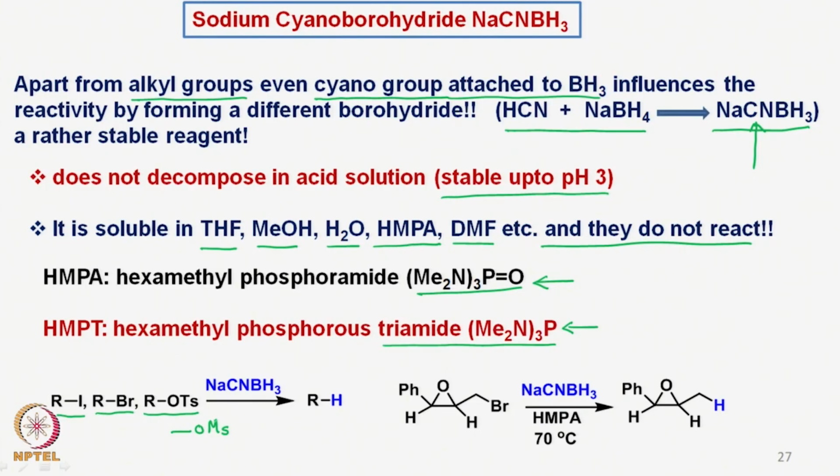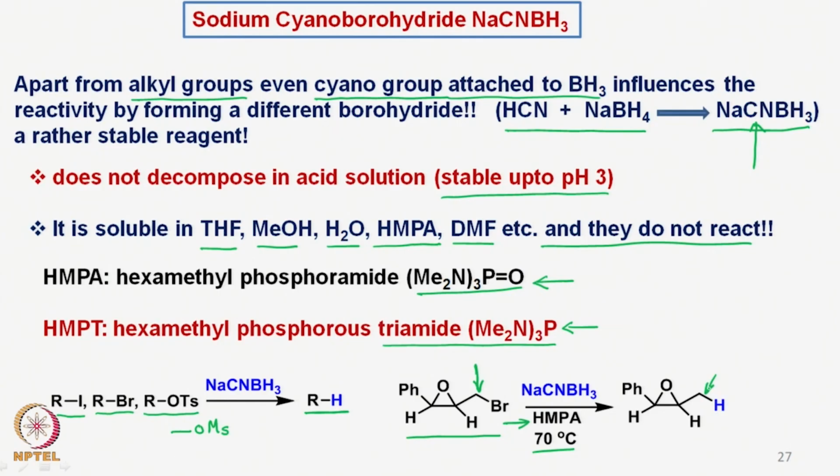Sodium cyanoborohydride reduces these molecules, the leaving groups go, and then hydrogen is introduced at the R position. So you can see here in HMPA at 70 degrees this kind of somewhat sensitive molecule, we can reduce this carbon-bromine bond and introduce a carbon-hydrogen bond.